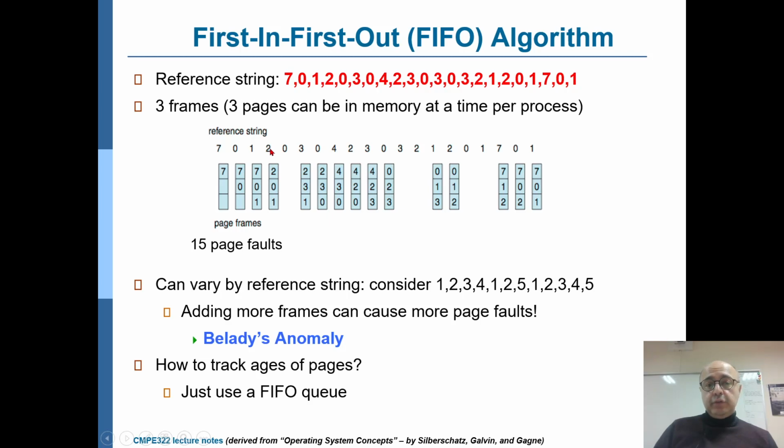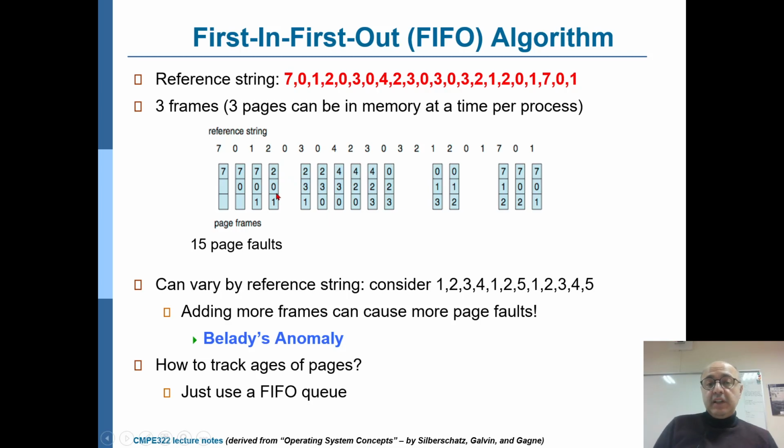When you get 2, you have to pick a victim. In the first in, first out algorithm, the first one that entered this pool of frames was 7, so 7 is replaced. When you access 0, you don't make any changes because 0 is already there. But when you access 3, then you have to replace again the first one among these.